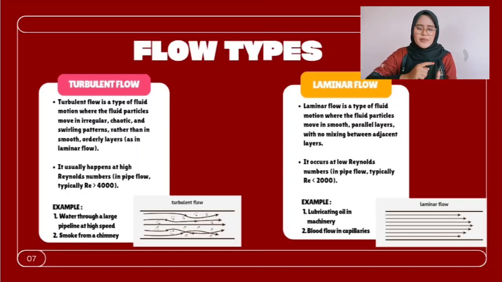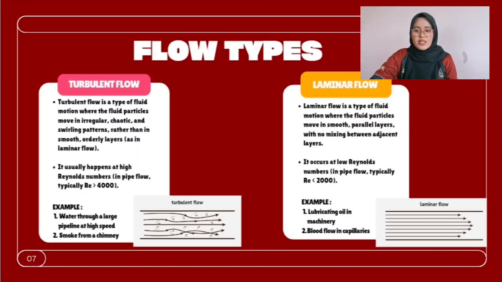In pipe flow, typically Re is greater than 4000. An example of turbulent flow is water through a large pipeline at high speed. When water flows rapidly in municipal water supply pipes, the motion is turbulent. Next, smoke from a chimney. Initially, smoke rises smoothly, which is laminar, but after some distance, it starts swirling and dispersing irregularly, which is turbulent.